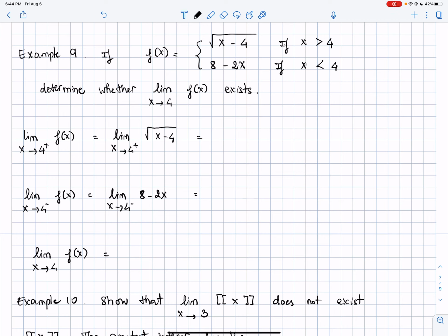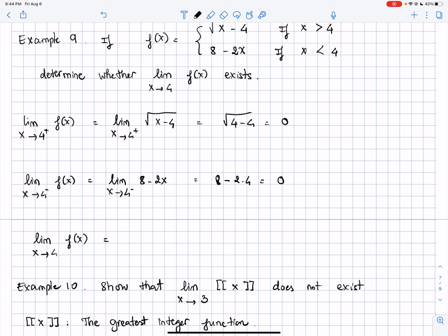Then we just plug 4 into the function. So we get 0, and 8 minus 2 times 4 is also equal to 0. So we conclude that the limit of f of x as x approaches 4 is 0, and it exists.